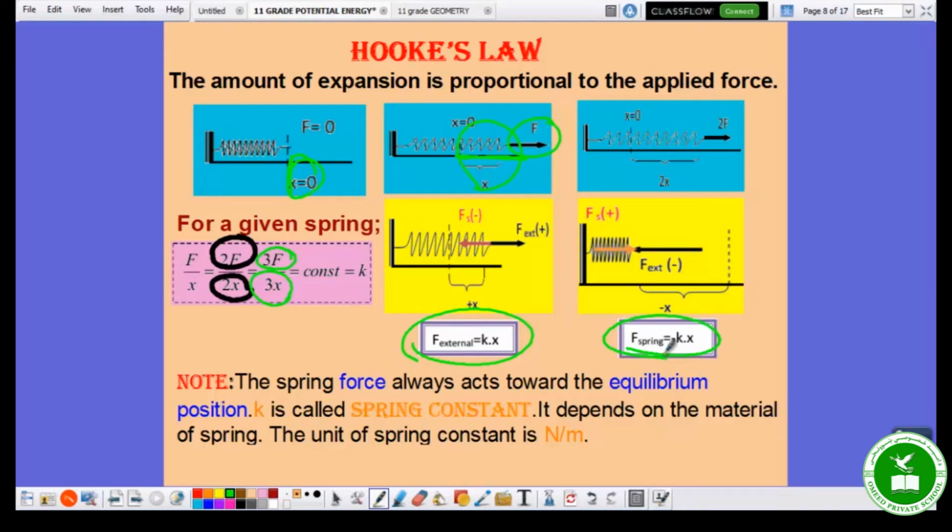You see, the restoring force of the spring is equal to minus K into X. K is the spring constant, whose unit is Newton per meter, and it depends on the type of spring, on the material of the spring. And as we said, if we apply an external force on the spring, the spring also acts towards the equilibrium position. These are some information related to Hooke's law. I hope it's clear.